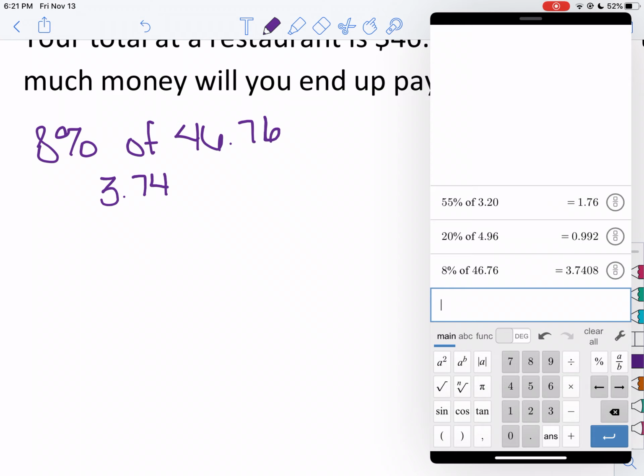Okay, so that's the amount we're being taxed. So then the tax is a markup, so we're going to be adding. So 46.76 plus 3.74. So we get 50.50.